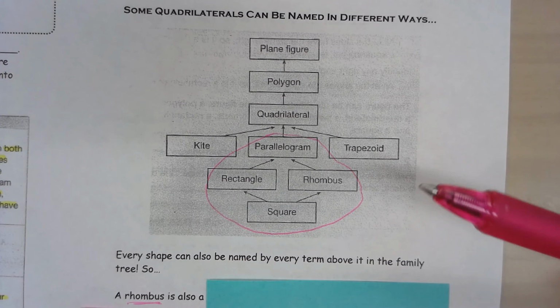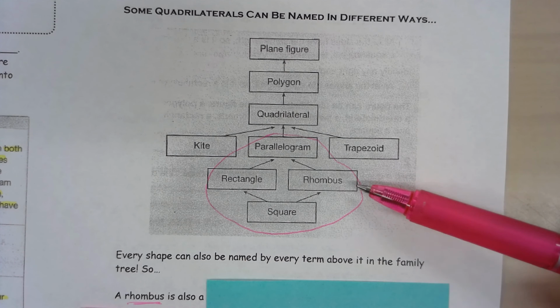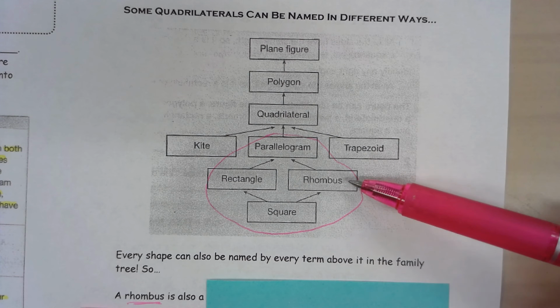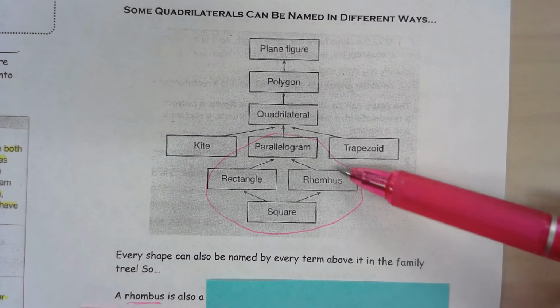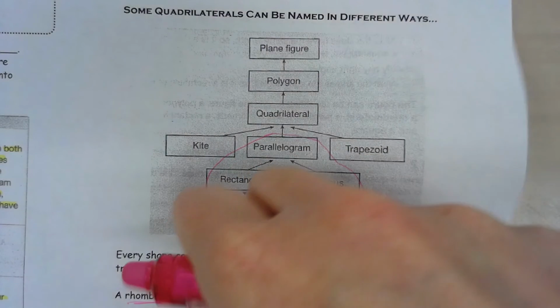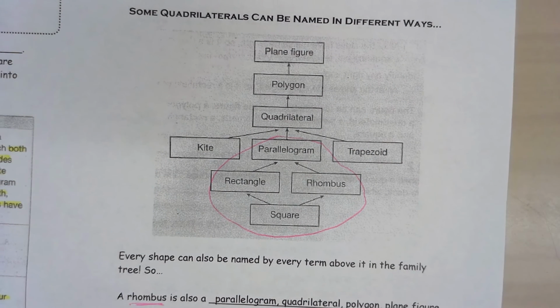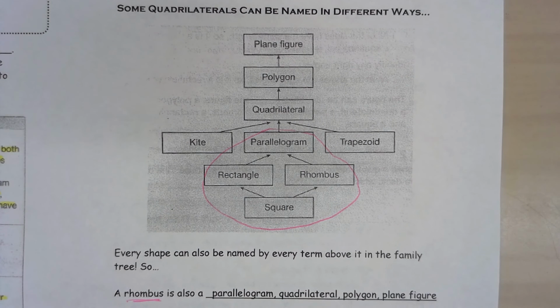What you do, boys and girls, is you find that shape in this quadrilateral flowchart, and you remember that a rhombus is also everything with the arrow above it. So a rhombus may be the most specific name that you can give something, but a rhombus is also a parallelogram, a quadrilateral, a polygon, and a plane figure, because it's everything up the flow chart.